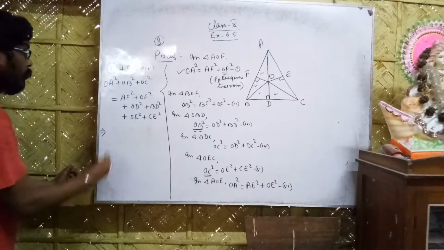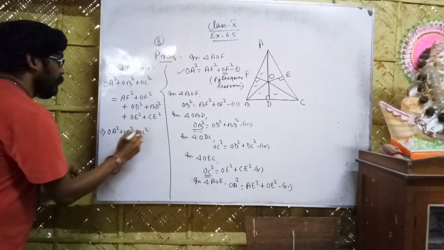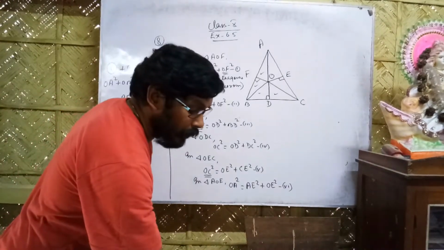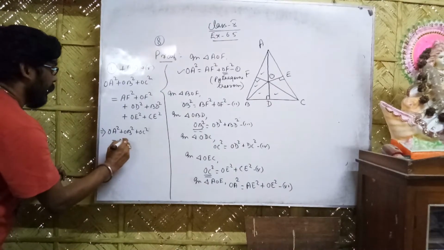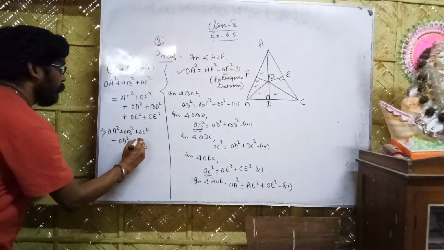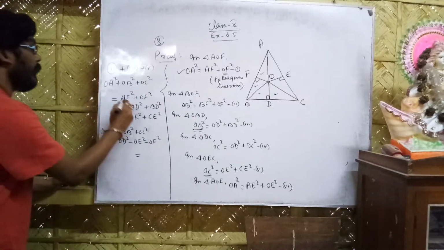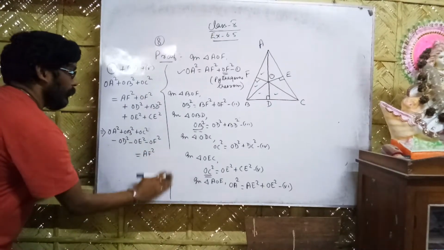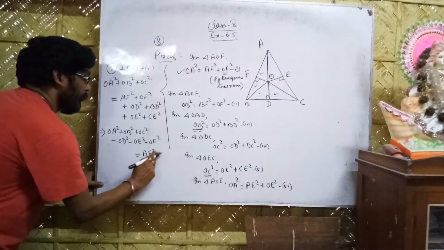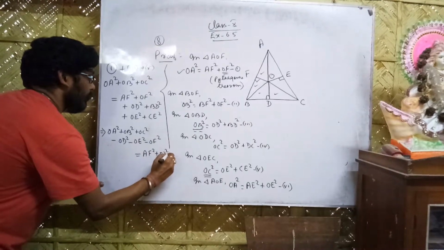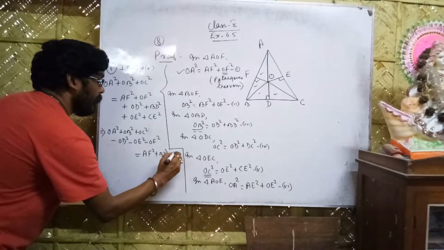Now shifting, I will do OA square plus OB square plus OC square minus what I have to bring? OD, OE, OF. So bring OD to the left-hand side: minus OD square, minus OE square, minus OF square. Equal to what is left: AF square plus BD square plus CE square.